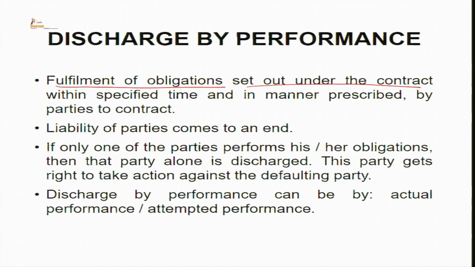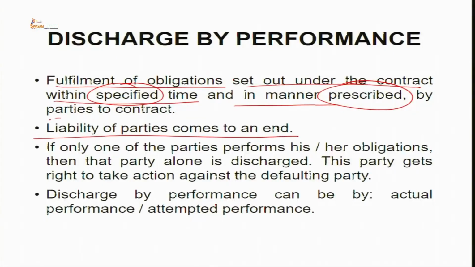That is why fulfillment of obligations set out under the contract within specified time and in manner prescribed by the parties to the contract. So, fulfillment of obligations as it is given under the contract within specified time, that is period mentioned within the contract, and in the manner prescribed, that is in the manner which has been mutually decided by the two parties.